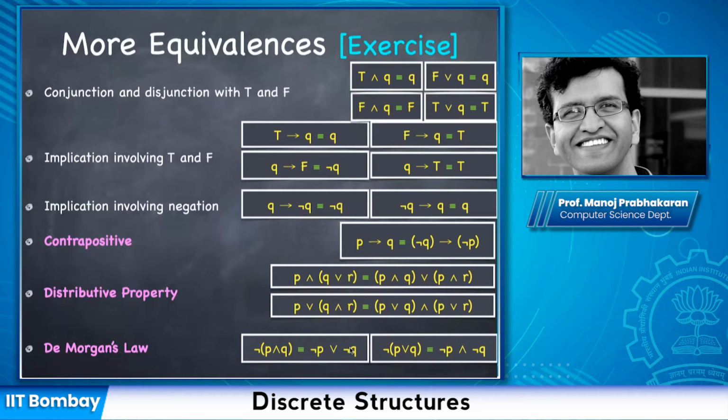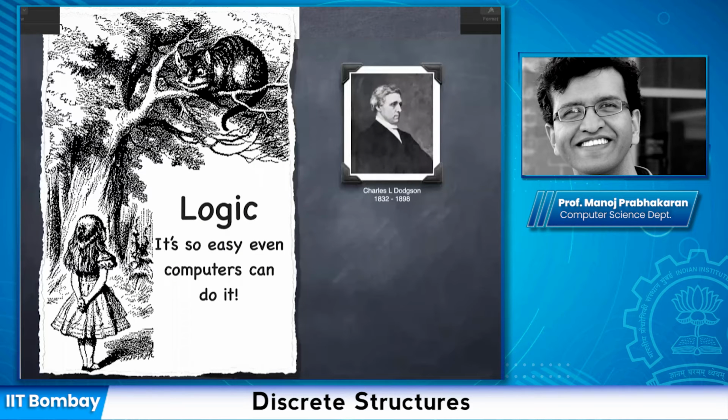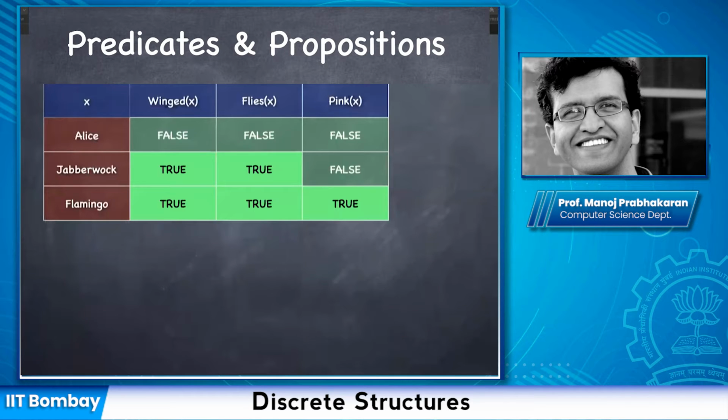All right. We continue with the topic of logic. Today we will introduce the notion of quantifiers. Recall that we defined predicates as functions which assign a truth value, true or false, to every element in the domain. So you can have a predicate like winged, and Alice is not winged, Jabberwock and Flamingo are winged.